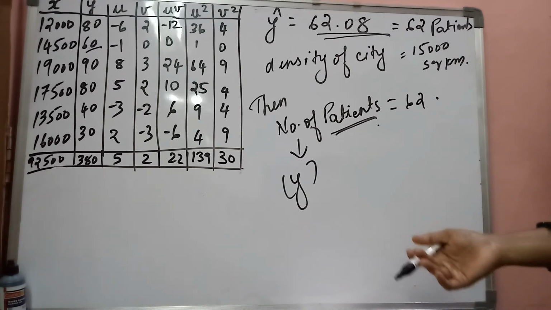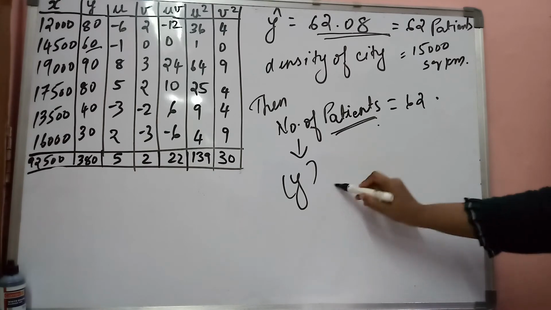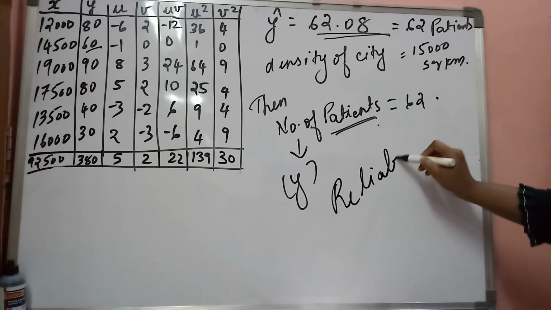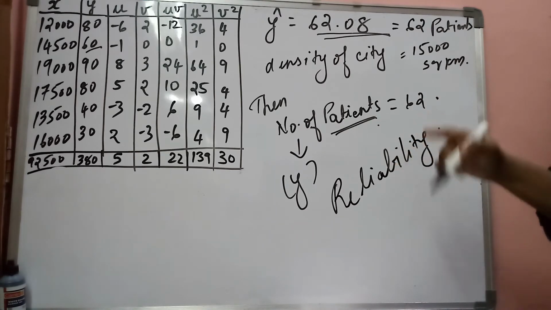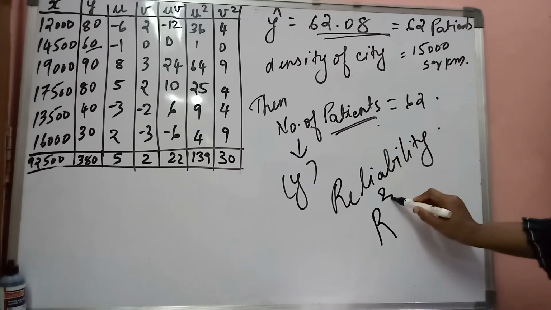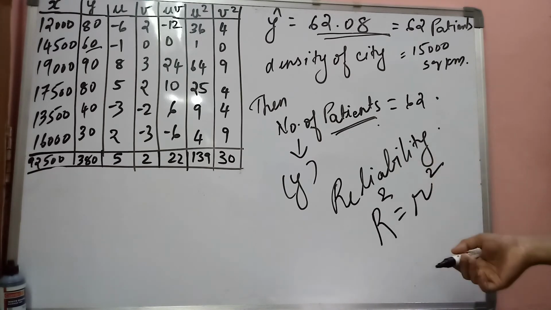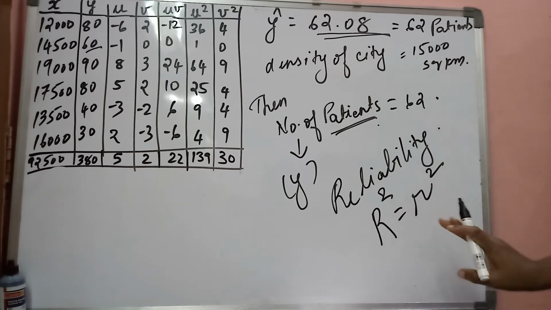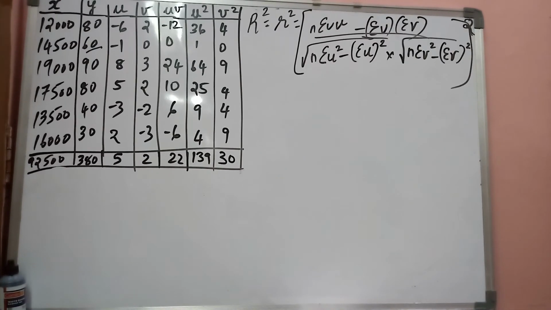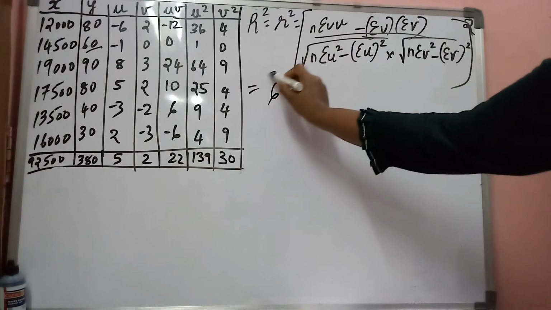Now the next question that has been asked in this sum is, estimate the reliability. Now you have to find out the reliability of this regression model. So for that, what is the formula? Capital R square is equal to small r square. So again we have to take the square of this. So I wrote the formula on the board. According to the formula, let's calculate what is n. It's again 6.